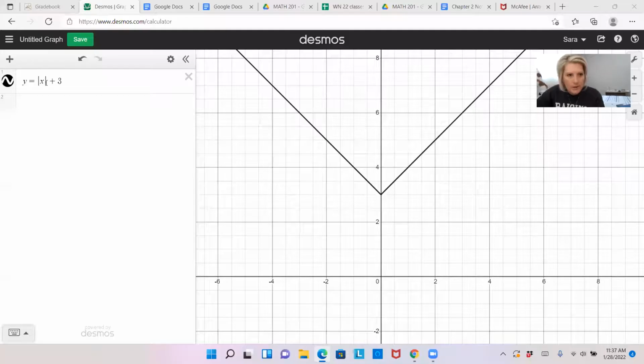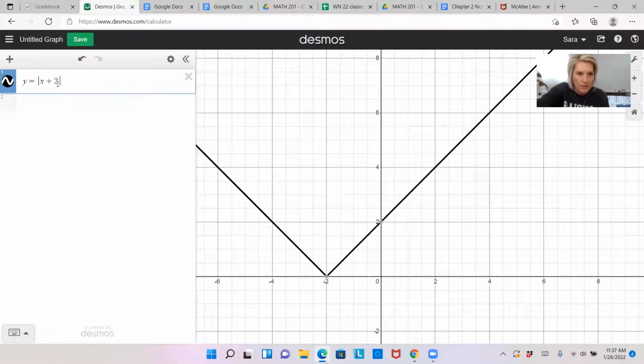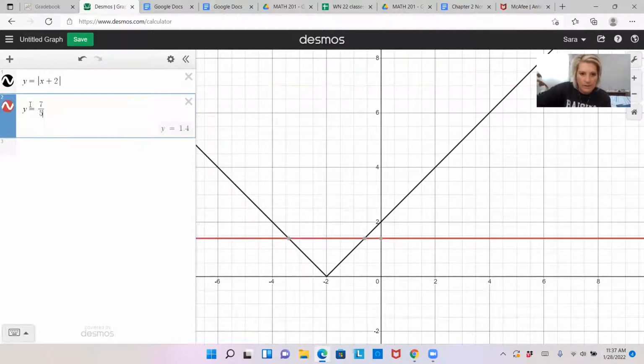In Desmos, if we had the absolute value of a plus 2, and I wanted to see where it equals 7/5, I can just put a line at y equals 7/5, and it will automatically show the intersection. You can see it at the negative 3.4 that we came up with, and the other one at negative 0.6.